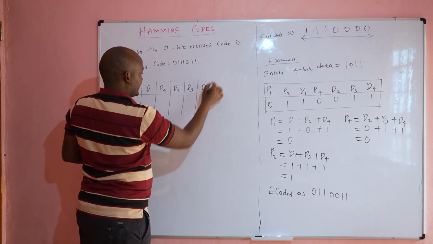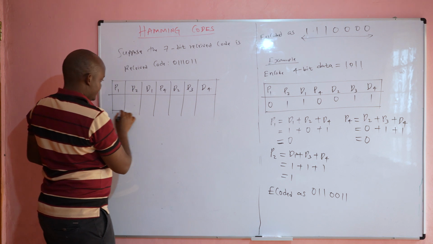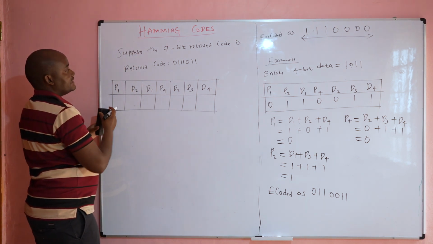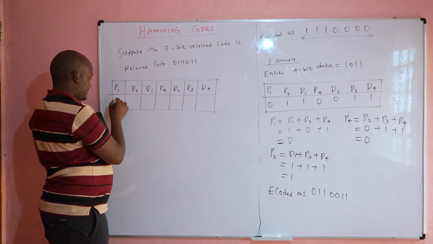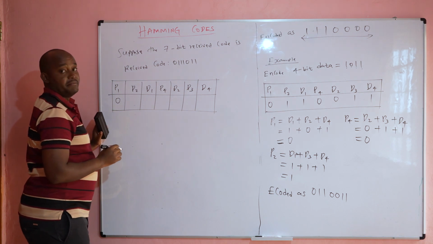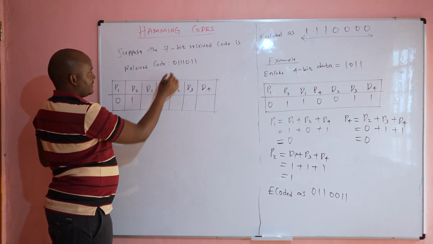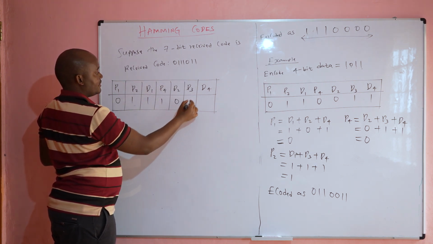In this particular case, unlike the other one, which was about the encoding, these positions are all given, and it is in this code word that is here. So your first bit, which is P1, is 0. The second one is 1, followed by 1, 1 again, 0, 1, 1.